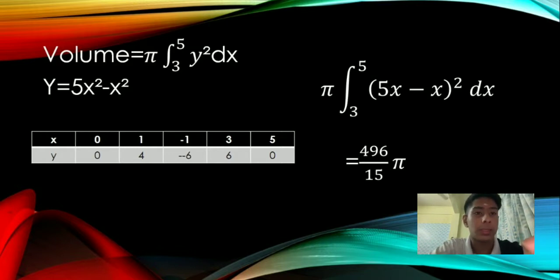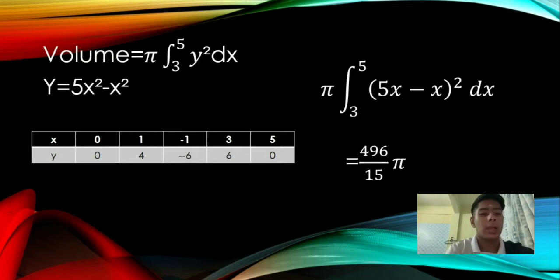First we substitute x equal to 0 and we get y equal to 0. Next we substitute x equal to 1 and we get y equal to 4. Then we substitute x equal to negative 1 and we get negative 6. Fourthly we substitute x equal to 3 and we get y equal to 6. Lastly we substitute x equal to 5 and we get y equal to 0.